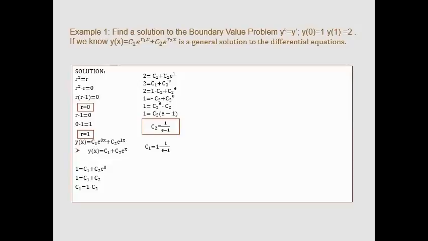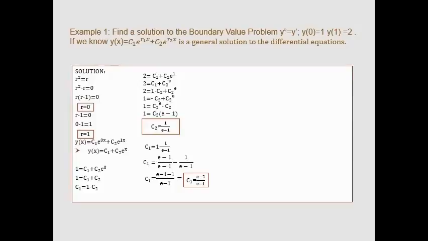c1 equals 1 minus 1 over e minus 1. c1 is equal to (e minus 1) over (e minus 1) minus 1 over (e minus 1). c1 is equal to (e minus 1 minus 1) over (e minus 1), so c1 is (e minus 2) over (e minus 1).